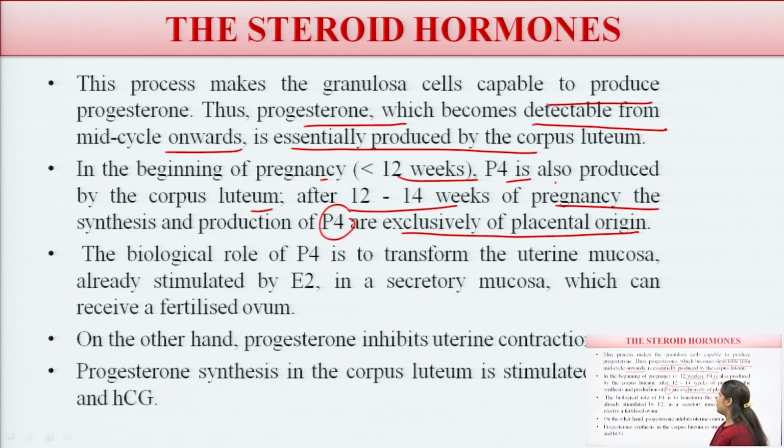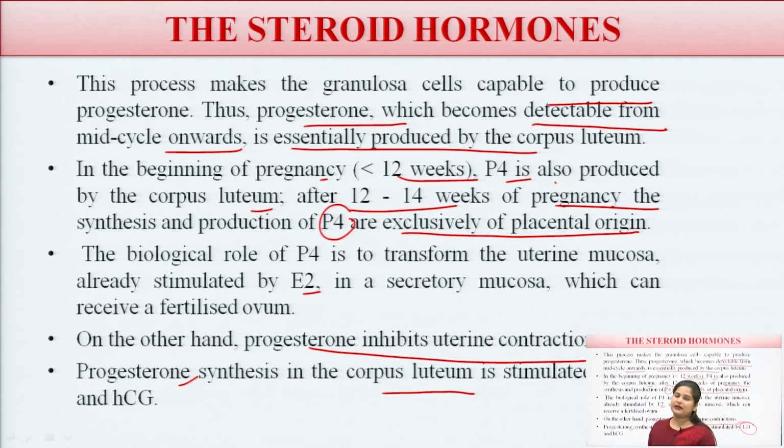The biological role of P4 is to transform the uterine vesicles and also to stimulate E2 in the secretory mucosa, which can receive the fertilized ovum. On the other hand, progesterone inhibits the uterine contractions. The progesterone synthesized in the corpus luteum is stimulated by LH and HCG; when LH and HCG are present, progesterone is synthesized in the corpus luteum.